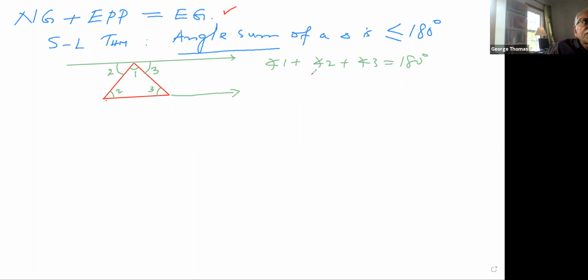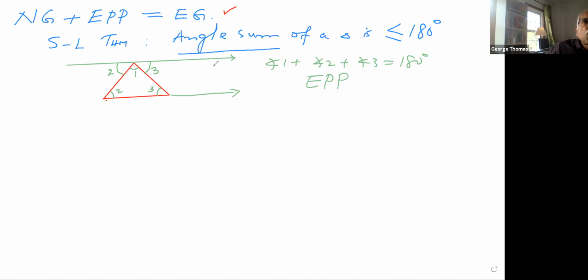Because of, do you see it now? Do you all see it now? Because you can draw a unique parallel. There's only one. By converse of AIAT, these two angles are equal.